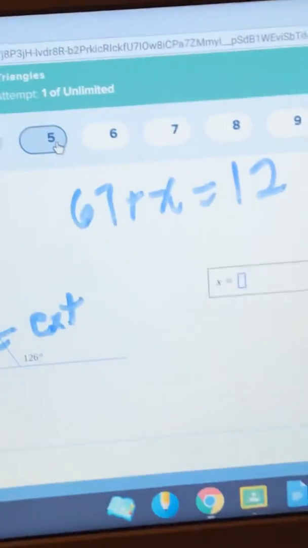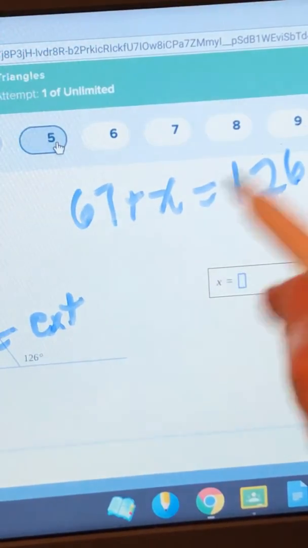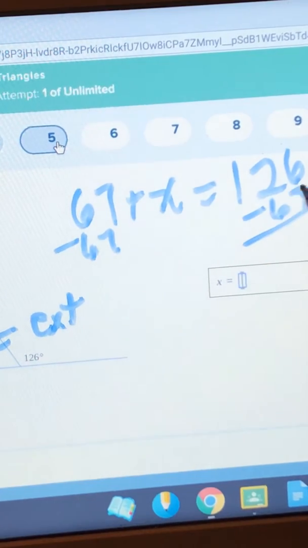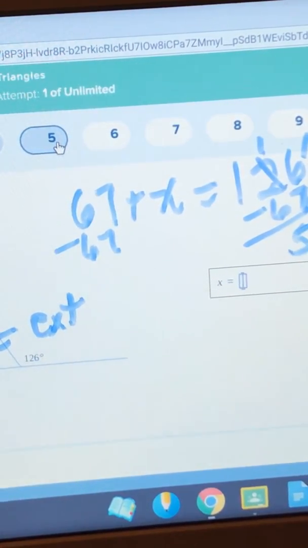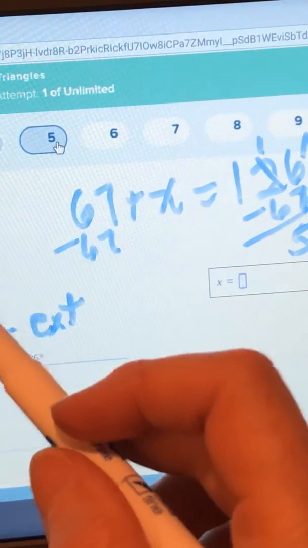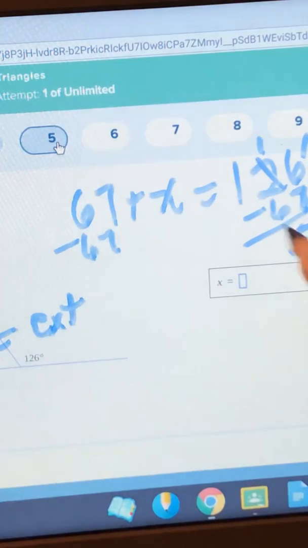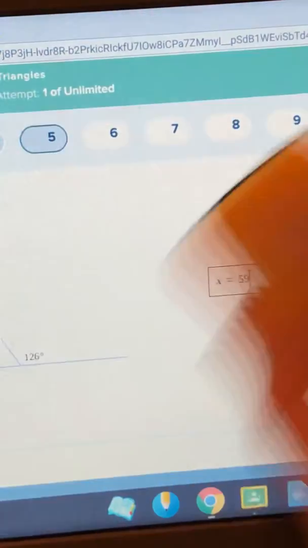If I subtract 67 from both sides, I get 59. So this angle right here is 59 degrees, because 59 plus 67 equals 126.